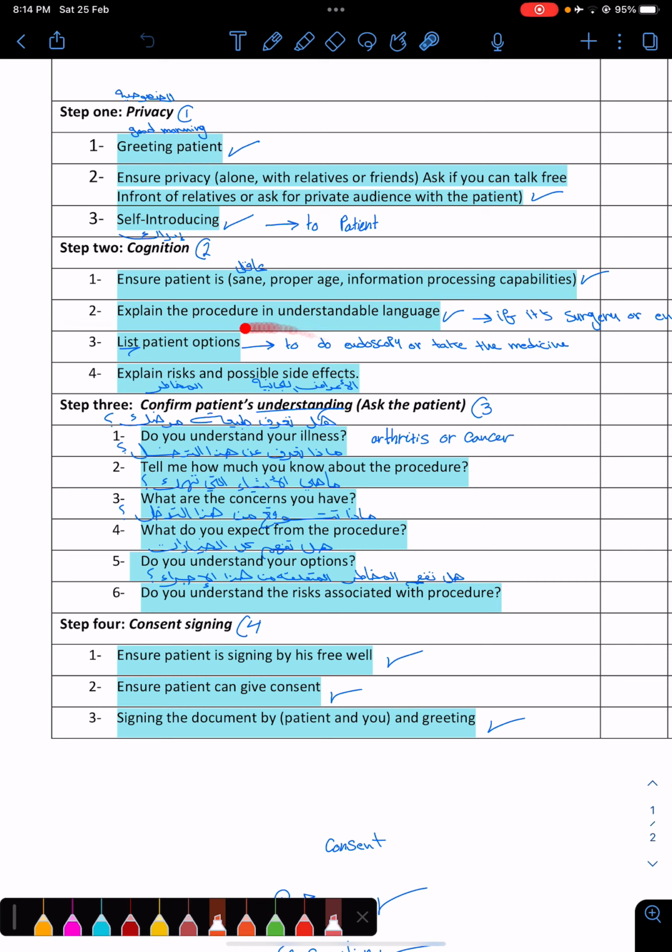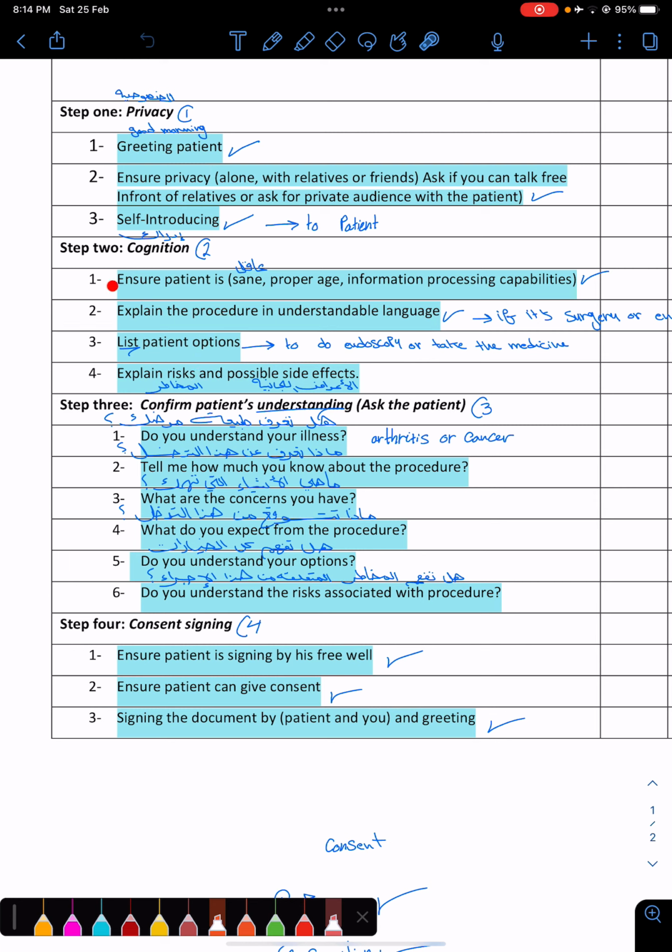And the last thing, explain the risks and possible side effects. If it's a certain drug, say all of these side effects: this could harm your health, this could do a lot of bad things for your health. You have to explain all of this in the cognition step.